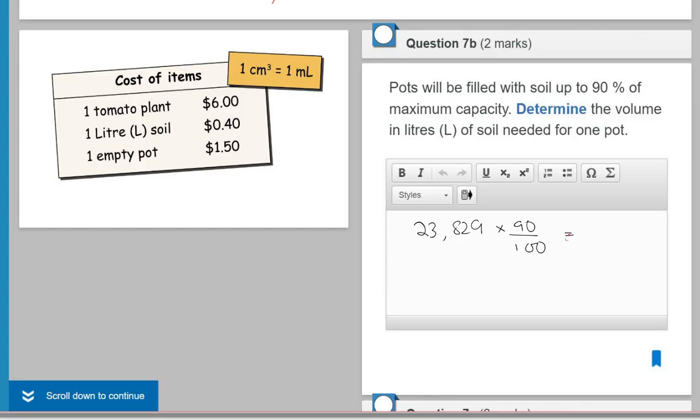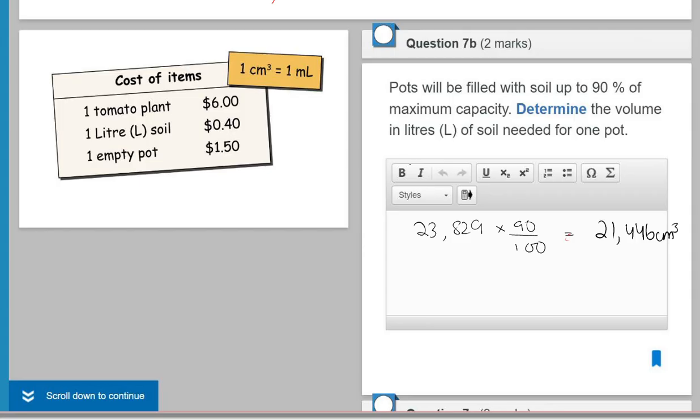23,829 multiplied by 90 over 100, or 0.9 as well, 21,446 centimeter cube. If you were to solve it in liters, then what would you have to do?